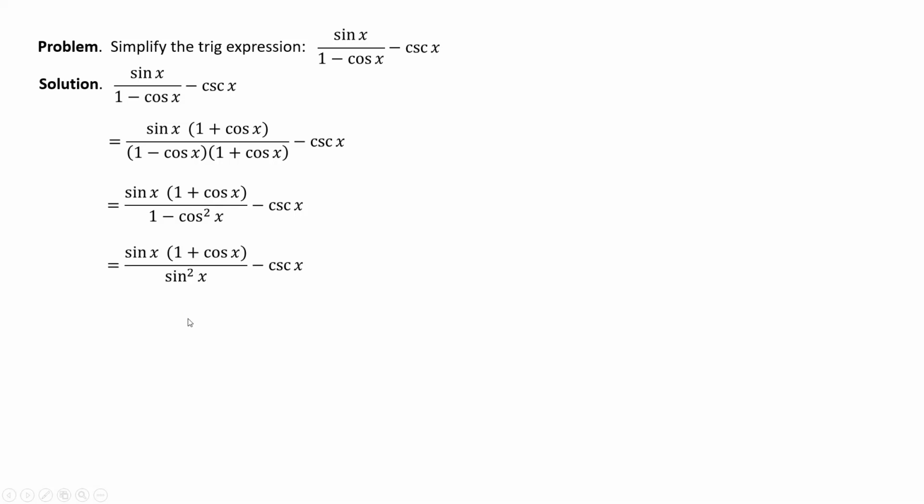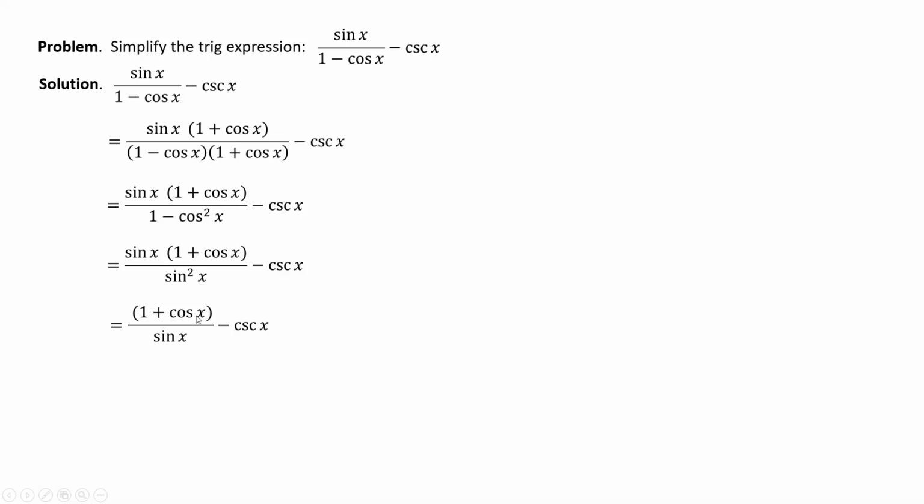So when we do that, we can replace the denominator by sine square x. Now there's a sine x on the top and a sine square x in the bottom. So that means we can reduce this to 1 over sine x. Okay, 1 plus cosine x over sine x, right? Minus cosecant x. Okay, what else?